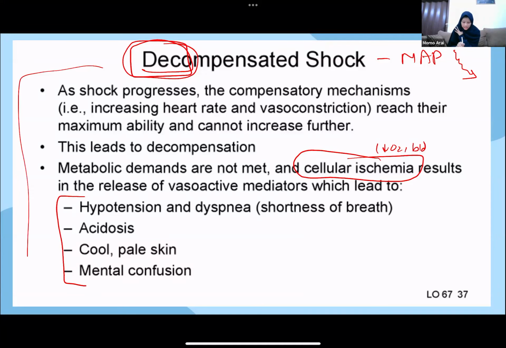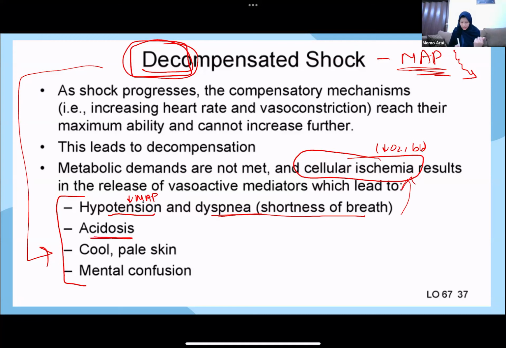You will see all these symptoms. A person will have hypotension, which, remember what I said about the pressure, means you have less blood pressure, so less MAP. And dyspnea, shortness of breath, because you're trying to breathe in more oxygen for your cells, which are dying. So you're trying to breathe faster, right?